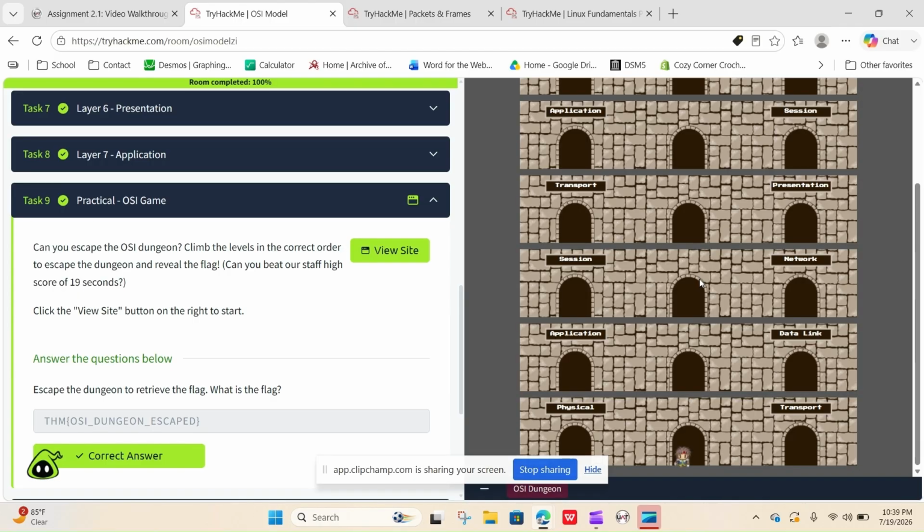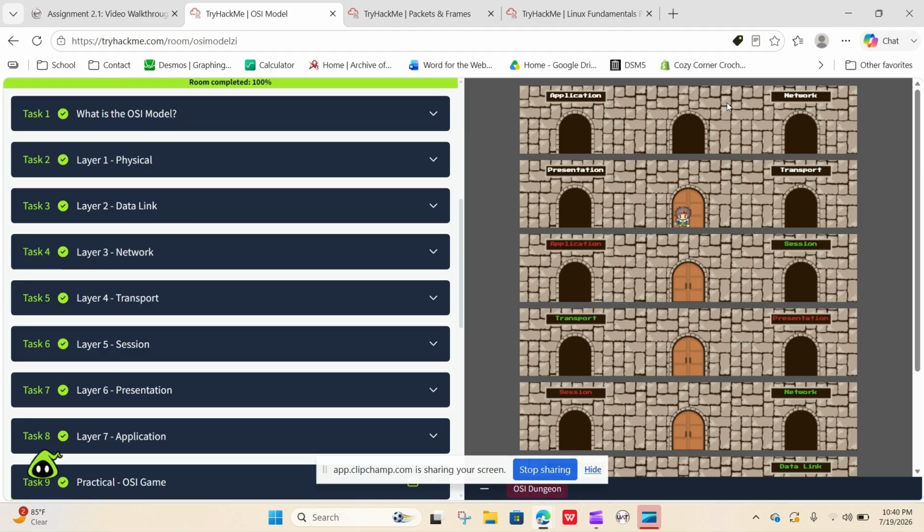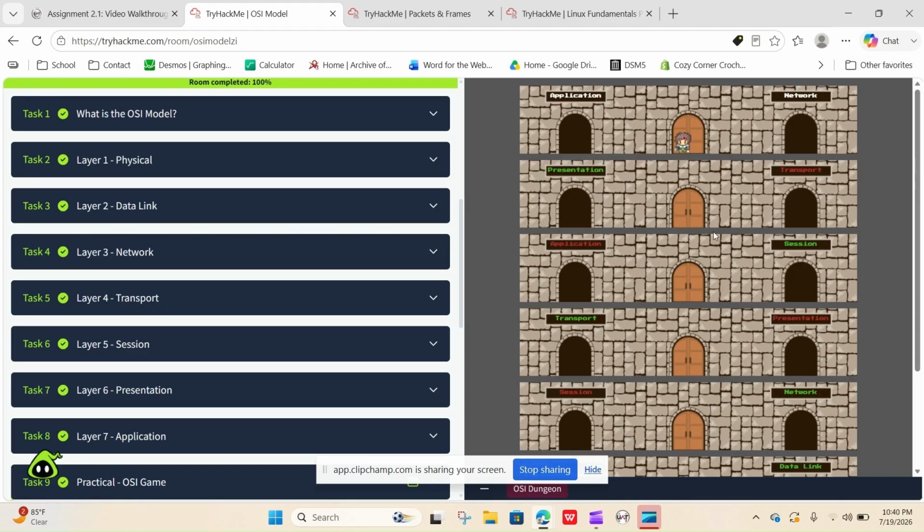So it goes physical first, then data link, network, then we can look back over here and know that it's transport, session, presentation, you keep scrolling down, and then finally application.